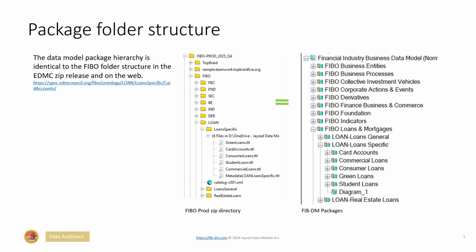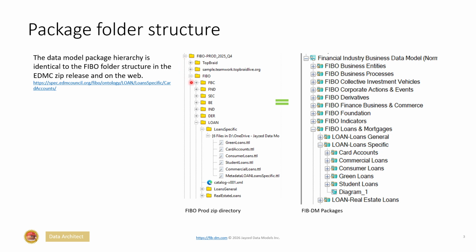Okay, let's look at the package folder structure. So here on the right-hand side, we see the FIB-DM package hierarchy, and we can see that it's identical to, on the left-hand side, the unzipped FIBO download from the EDM Council website.